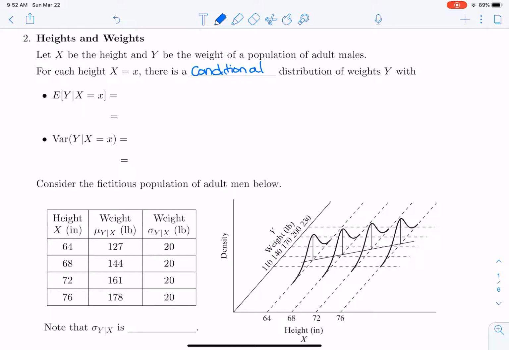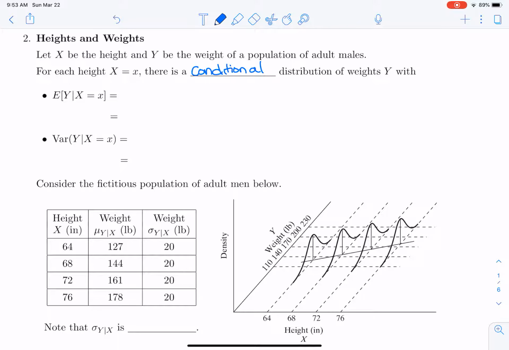What I mean by this is, imagine that you have someone that's 6 feet tall, or 72 inches tall. Then you don't expect every adult male who is 72 inches tall to weigh the same. You expect that there should be some sort of, say, normal distribution of weights for all males that are 72 inches tall.